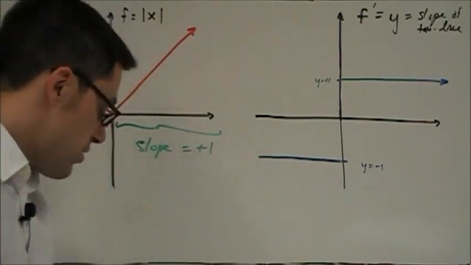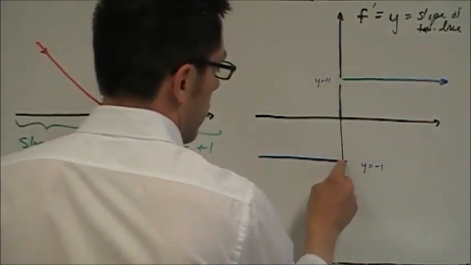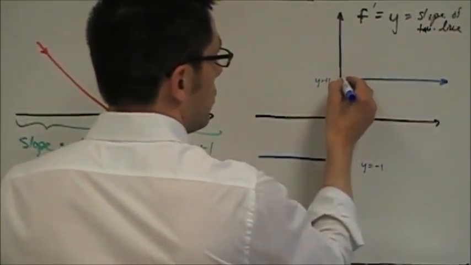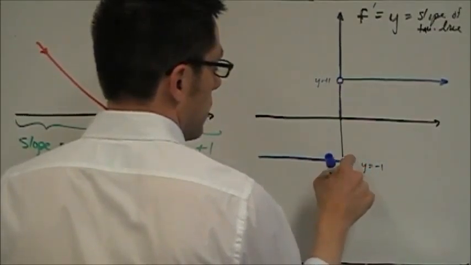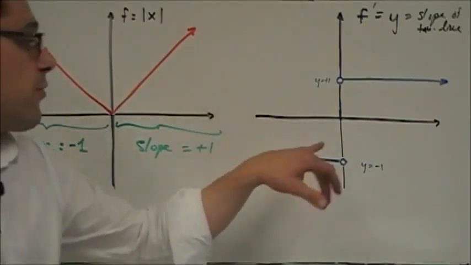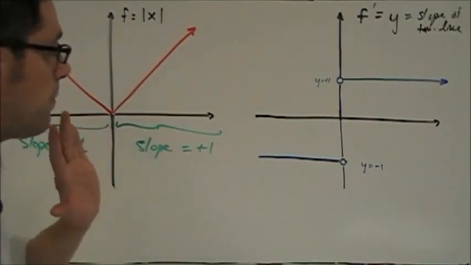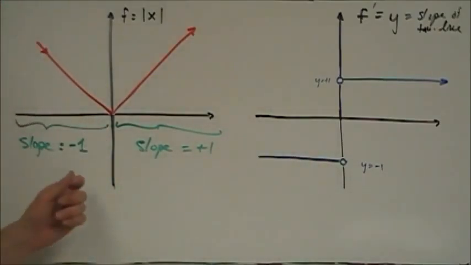So what I have to do is put a little hole in the graph at that particular point. To draw this properly, I would do something like this. It's not really differentiable here. We can certainly put a value in there, but we're not going to now. The point is that this is the picture of the derivative of this function.